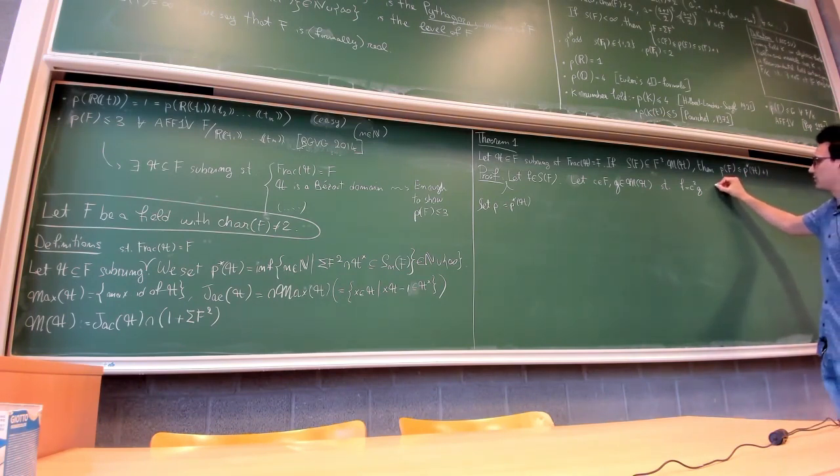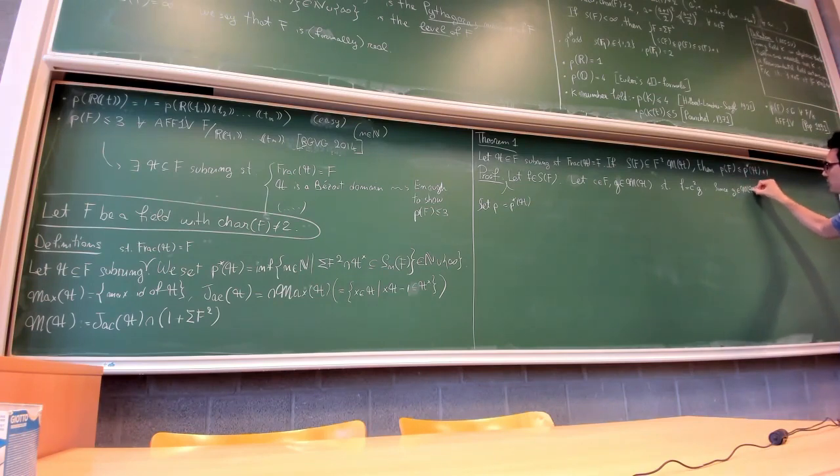So in particular, since G is in M of H, it's in the Jacobson radical. So this element is invertible in H, right?